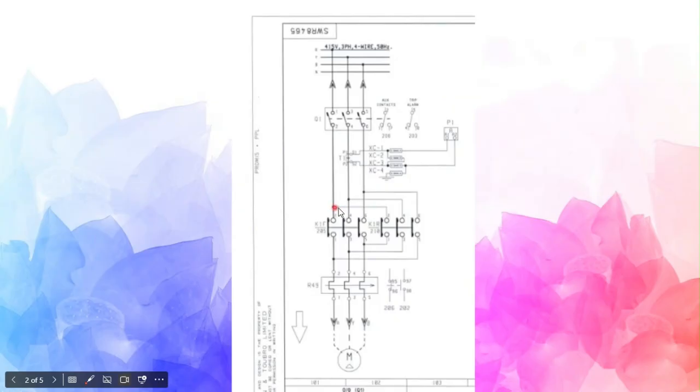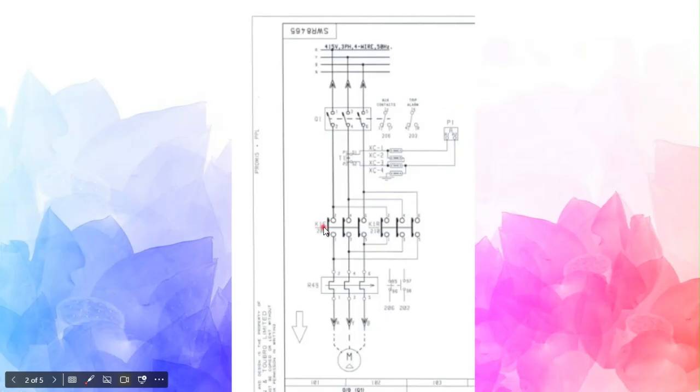So R is connected to B, Y is connected to Y, and this B is connected to R again. So B and R have been interchanged.